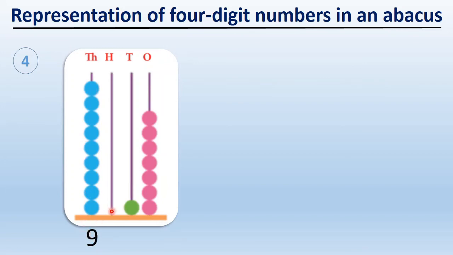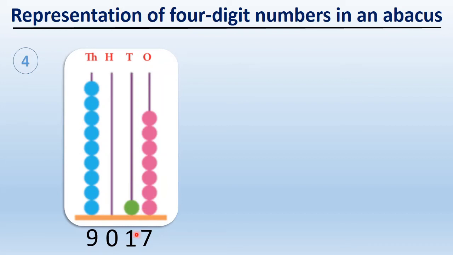There are no beads, 0 here. There is only one bead, 1 here. Here we have 1, 2, 3, 4, 5, 6, 7. Write 7 here. So what is the number name of this? This is a 4-digit number with 9 at thousands place, 0 at hundreds place, 1 at tens place, and 7 at ones place.